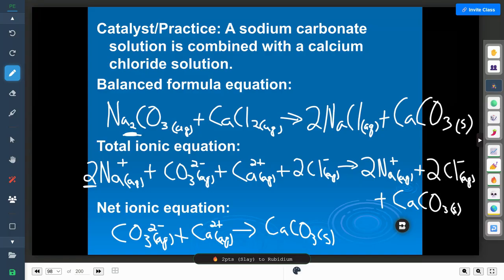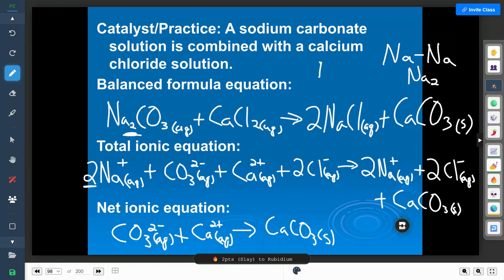Okay, so I want you to think about if I had 2 Nas, the idea would be that they are somehow bonded together. This would be an Na2.